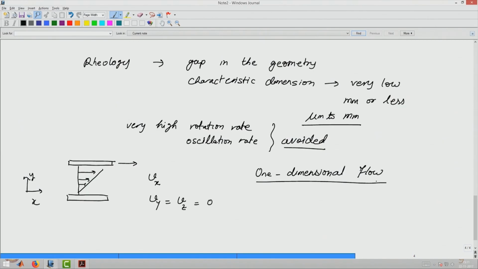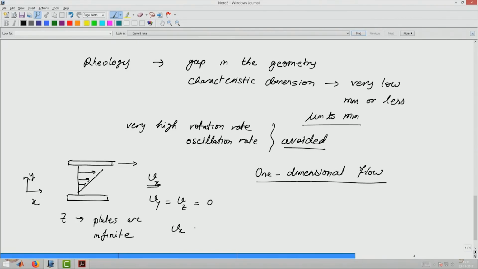So, given that this is a one dimensional flow and Vx is only present, we can also say that in the z direction we consider the plates to be infinite. So, z direction plates are infinite, and so there is no dependency on the z direction.